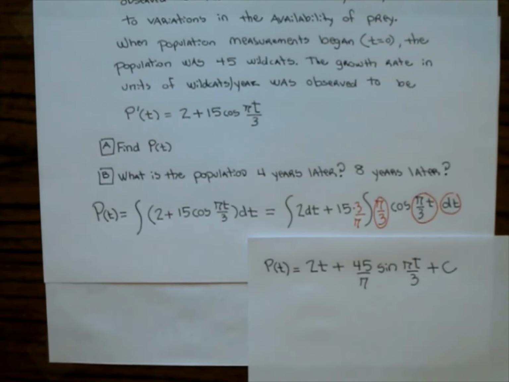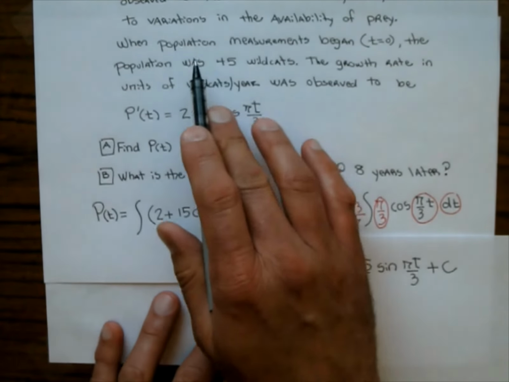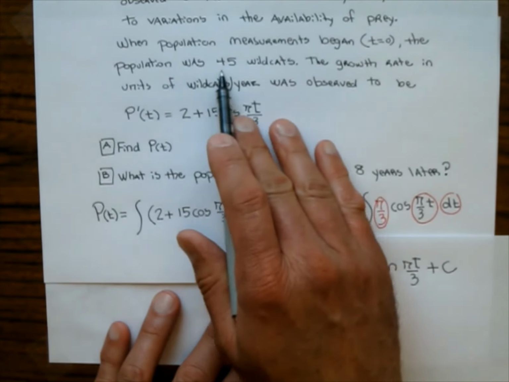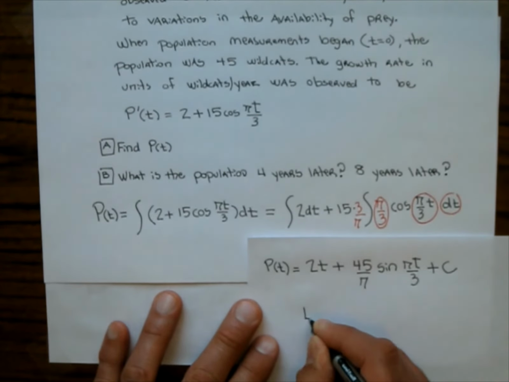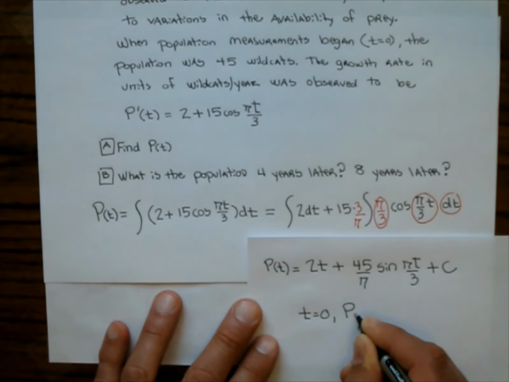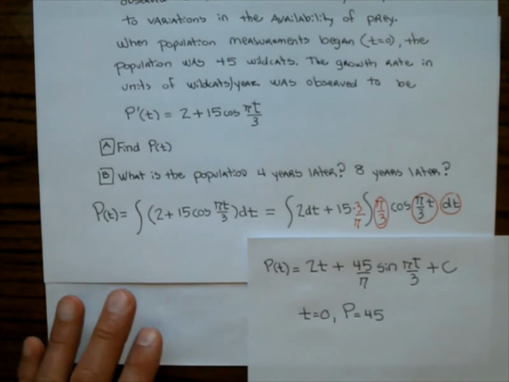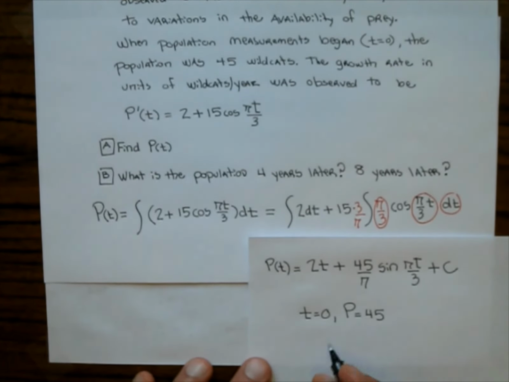If you'd like to do a u substitution, don't let me stop you, and you'll end up getting the same answer. Now notice what it says, and I think you can still see it here. It says t is 0, the population was 45. So t is 0, the population was 45 wildcats. So the reason they're giving us that, that's an initial condition.